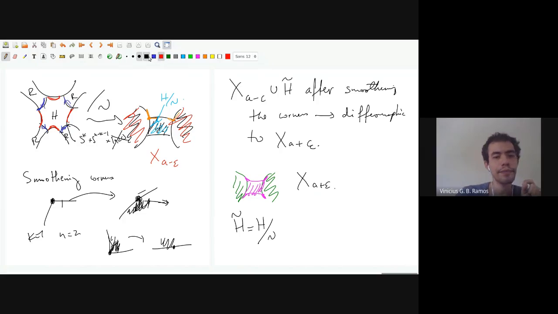So maybe I should say this is an exercise, to prove that this H tilde is diffeomorphic to a ball k times a ball in n minus k. So here is your ball k, and here is your ball n minus k.